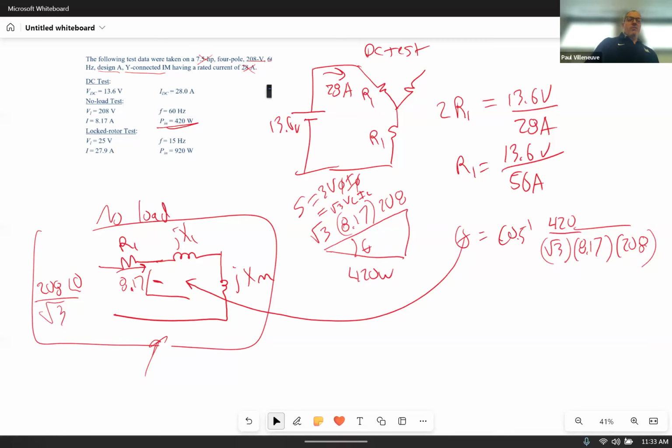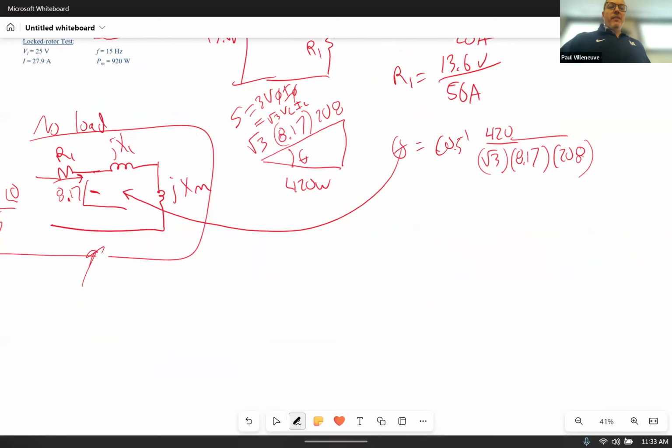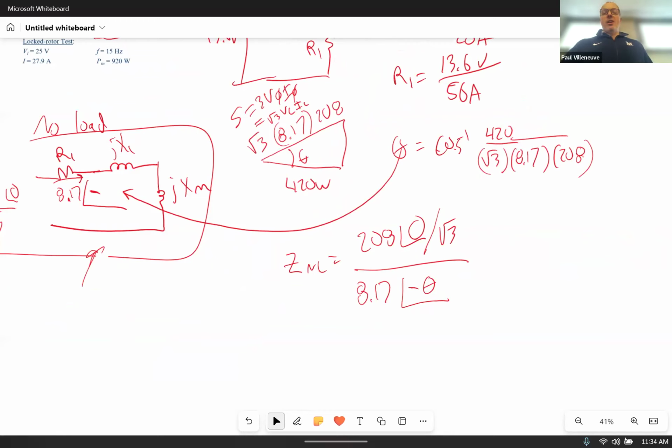So now you can solve for Z no load as being equal to 208 at an angle of 0 divided by, I said 0 when I wrote theta, at an angle of 0. I'm going to divide that by 8.17 at an angle of minus, and for lack of a better term, I'll call it no load.